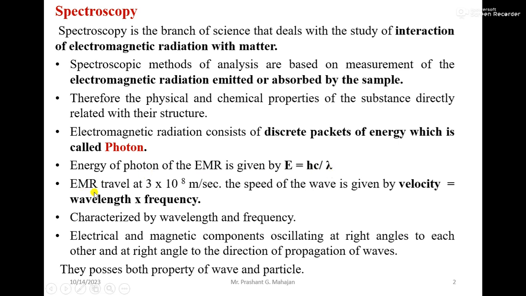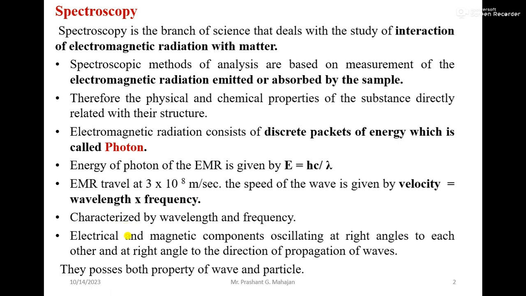EMR travels at a speed of 3 × 10^8 meters per second. The speed of the wave is given by velocity = wavelength × frequency. That means electromagnetic radiations are characterized by wavelength and frequency.